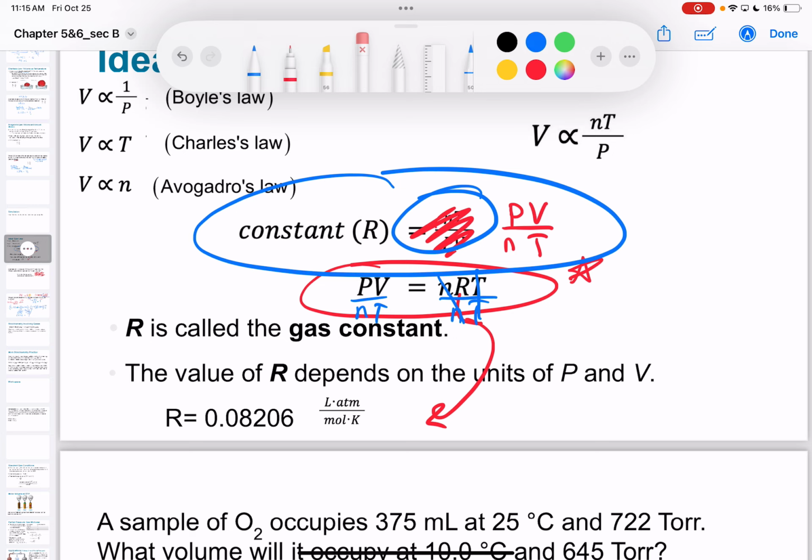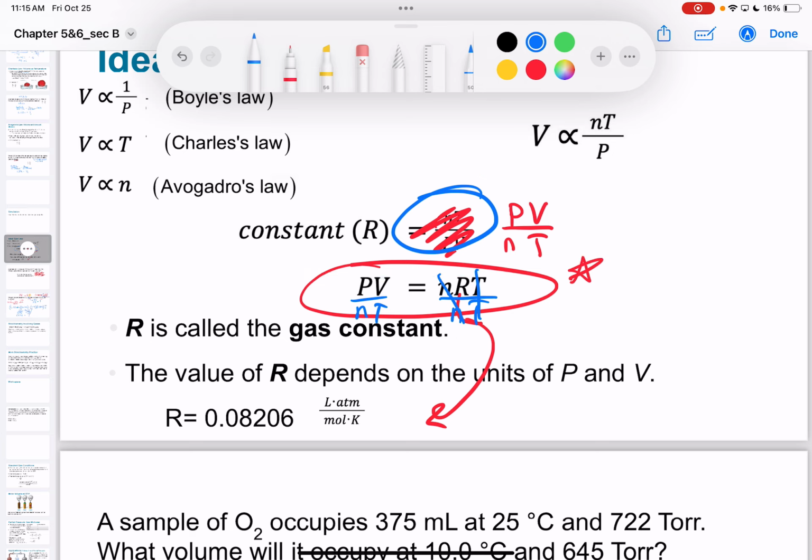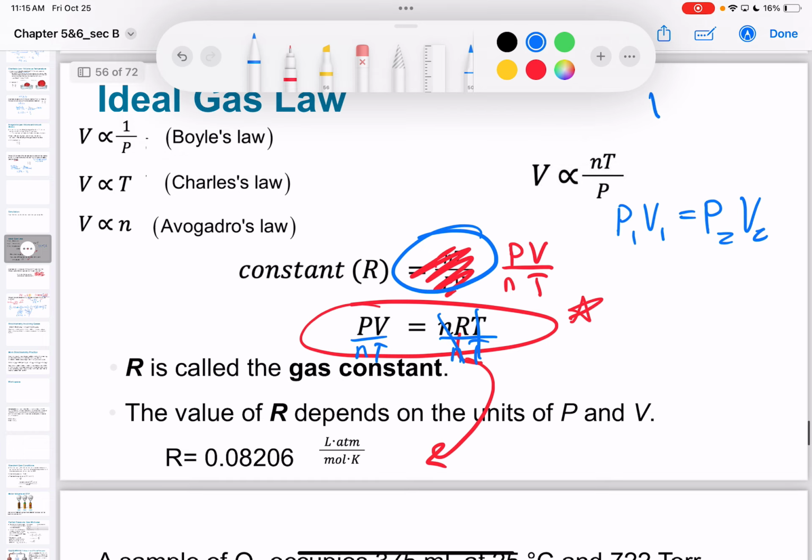So remember how we had P1 V1 equals P2 V2? We also had V1 over T1 equals V2 over T2. These were all individual laws that ultimately were summarized in the ideal gas law.